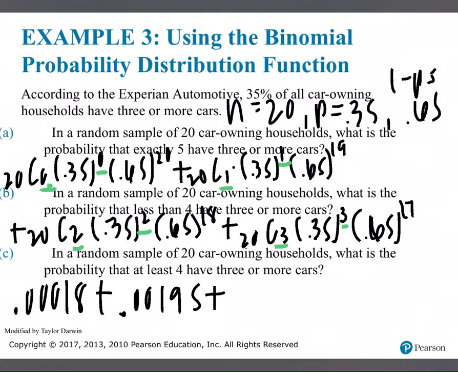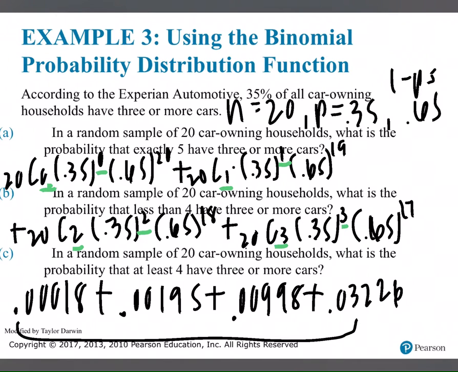Plus, if I plug in the whole one with the 2, it's 0.00998. Plus, the one with the 3 is 0.03226. So if I add up all these together, that's the probability that less than 4 car-owning houses have 3 or more cars.